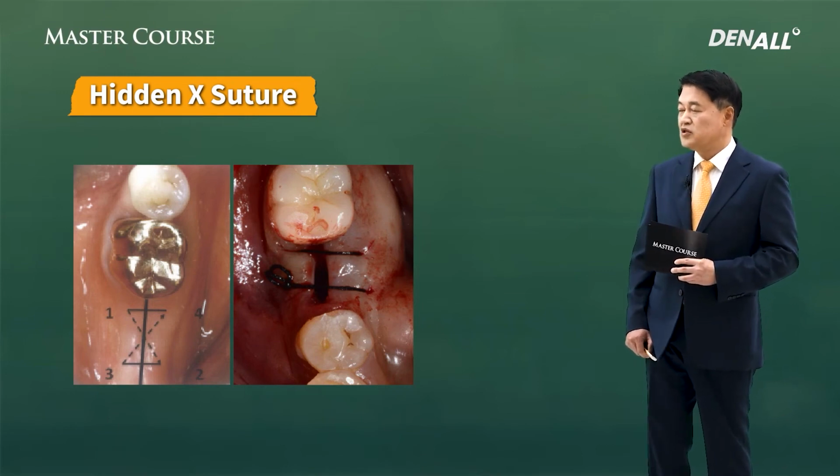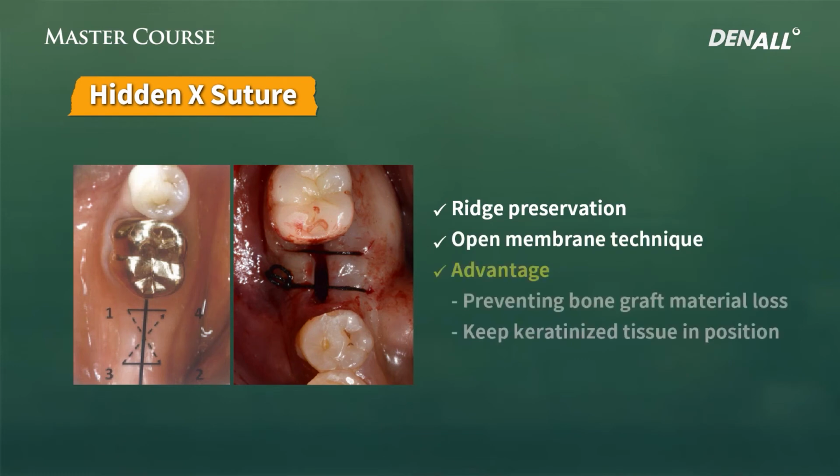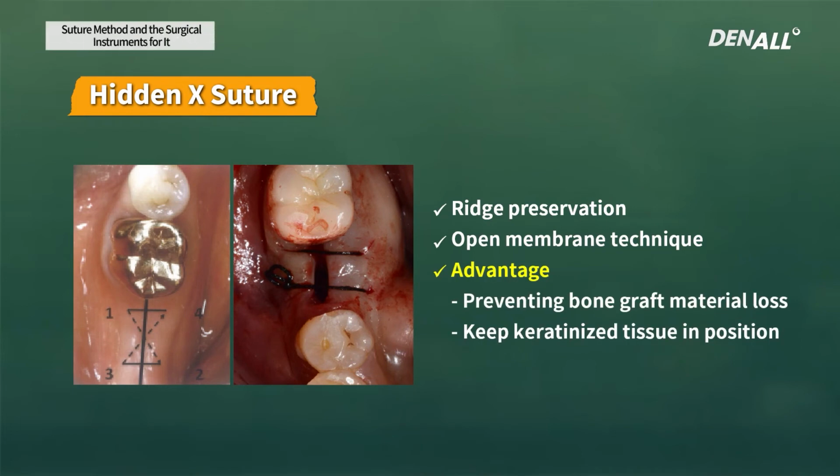This type of suture you mostly use for ridge preservation, or after doing the open membrane technique, you use this to stabilize the membrane. The advantage is that because it's X-shaped, you can prevent loss of graft material. And buccal lingual, the strength is not too strong, so it can keep keratinized tissue in position.